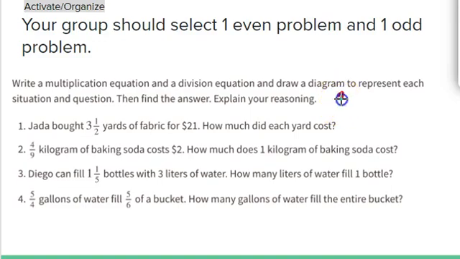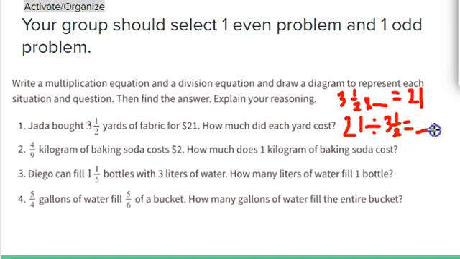Yeah, it's 3½ times something gives us $21. What about the division? Yes, 21 divided by 3½ gets us how much it costs per yard.